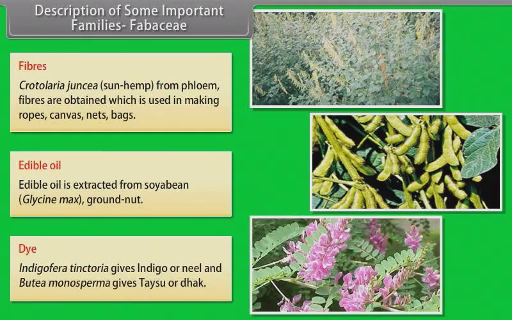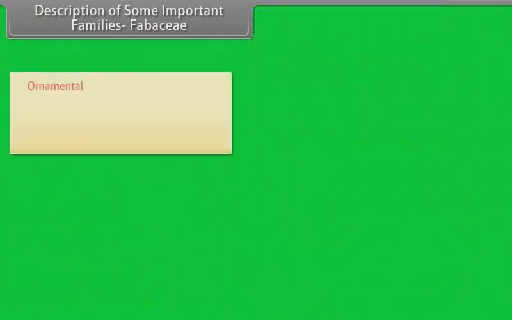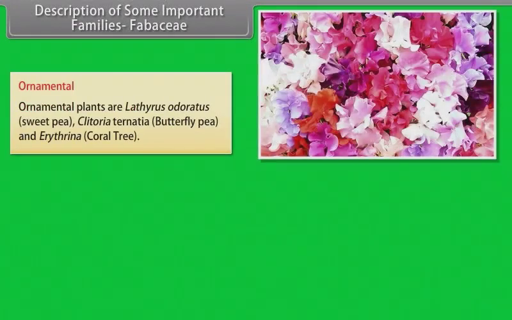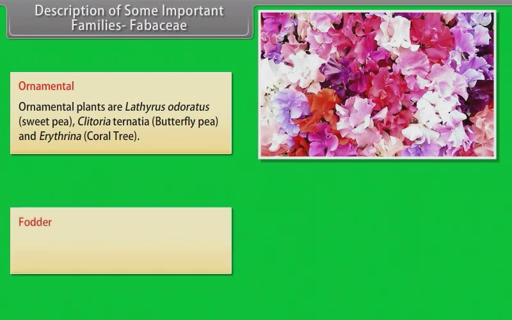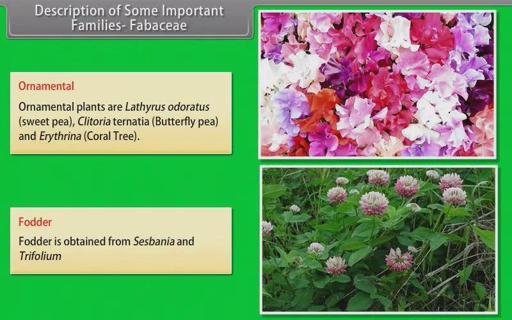Indigofera tinctoria gives indigo or neel, and Butea monosperma gives tesu or dark. Ornamental. Ornamental plants are Lathyrus odoratus, sweet pea, Clitoria ternatea, butterfly pea, and Erythrina, coral tree. Fodder. Fodder is obtained from Sesbania and Trifolium.